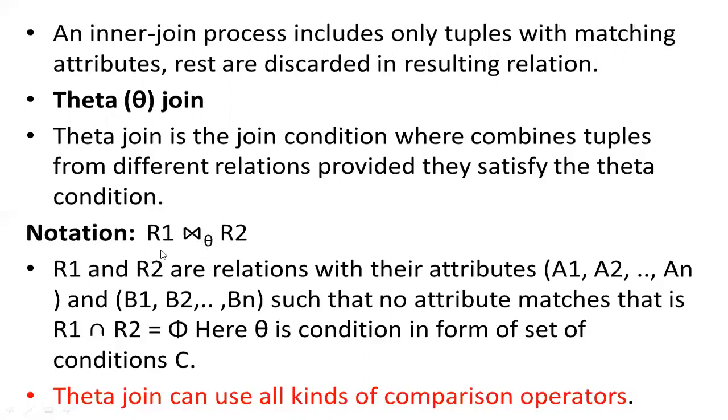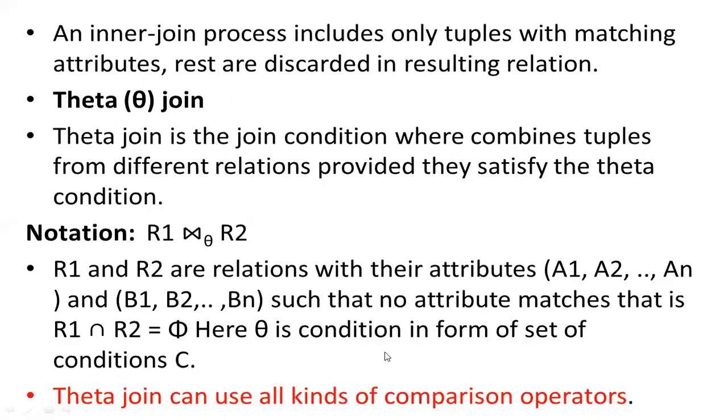So in the notation, R1 and R2 are two relations, that is two tables with attributes. R1 has a set of attributes, and R2 also has a set of attributes. Then the condition is such that no attribute matches, that is R1 intersection R2 equals null. That should be the first condition: there should not be any common attribute present in both relations, right?